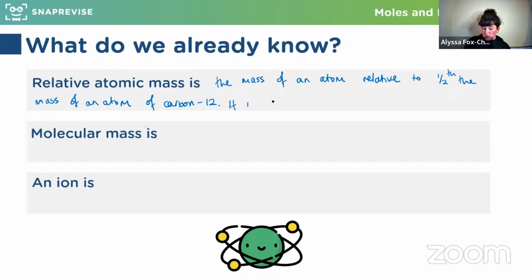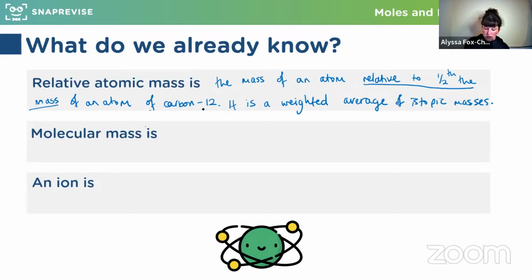But we also need to make sure that we are aware that it's a weighted average of isotopic masses. So the key phrases here are: relative to 1/12 the mass of carbon-12, and that it is a weighted average of isotopic masses.